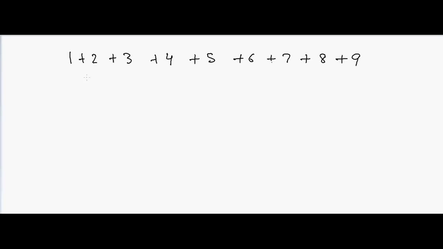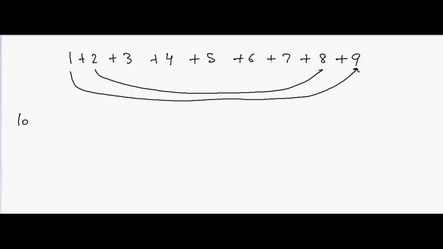If we look here carefully, we can add 1 and 9 here, so we'll get a 10. Then we can add 2 and 8, so we'll get another 10. Then we can add 3 and 7, another 10.